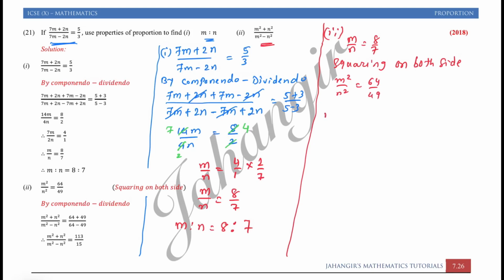So by componendo dividendo, m square plus n square upon m square minus n square is equal to 64 plus 49 upon 64 minus 49. So adding, 113 upon 15. You cannot simplify it. So this is the final answer.